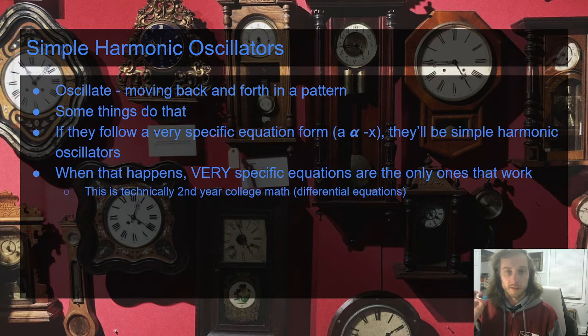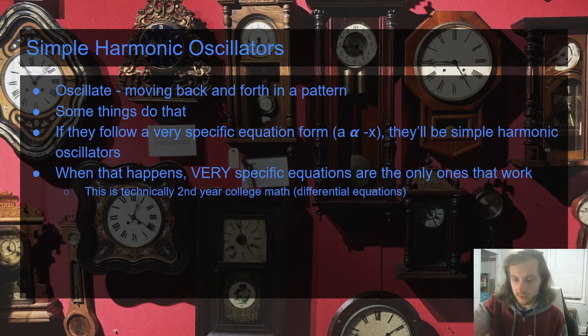Simple harmonic oscillators are anything that's moving back and forth in a cyclical or patterned way with a very specific equation form. There's a decent chunk of things that move back and forth.